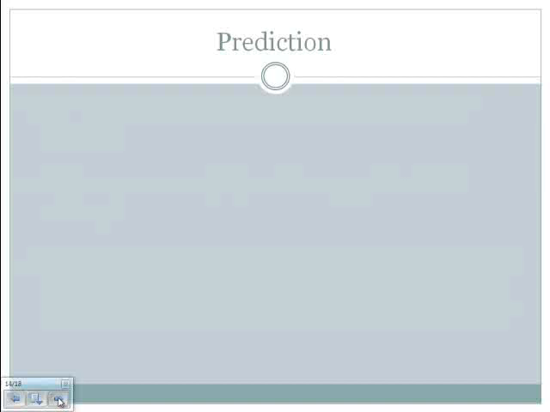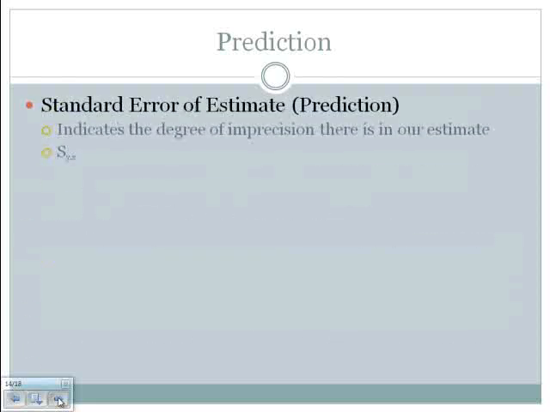Well, good news is that there's a way to actually measure that, and the way that we're going to measure that is by calculating something called the standard error of estimate, or the standard error of prediction. It is a mathematical calculation. We'll talk about that in another lesson about how it is actually calculated, but it is an indication of the degree of imprecision in our estimate. The symbol for that is S_Y.X, the standard error of prediction.